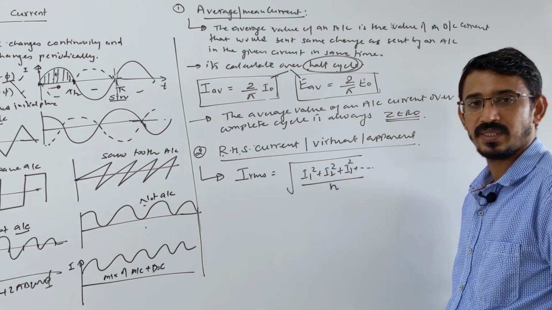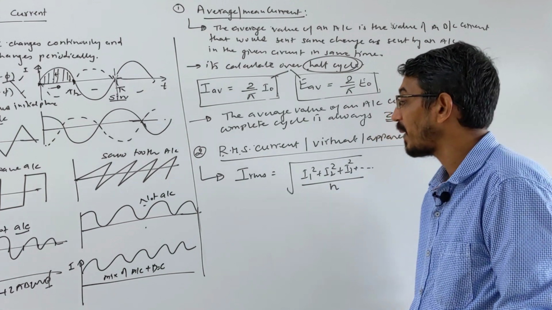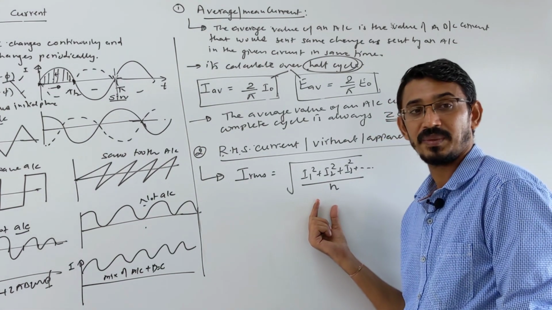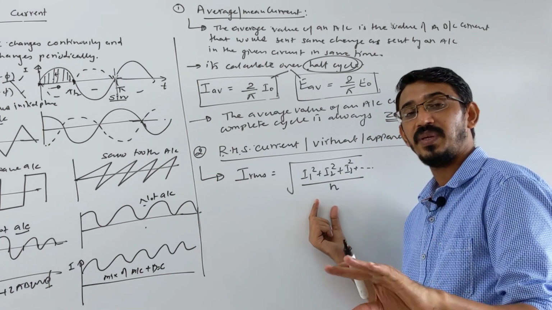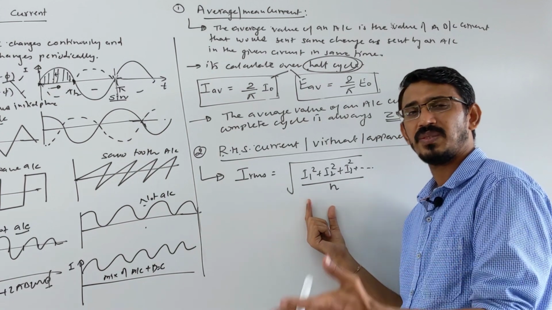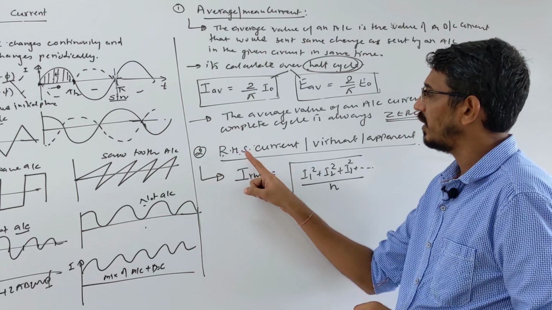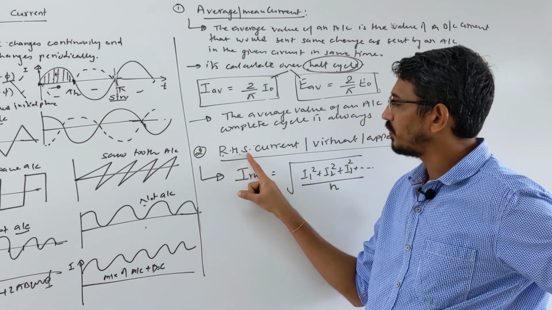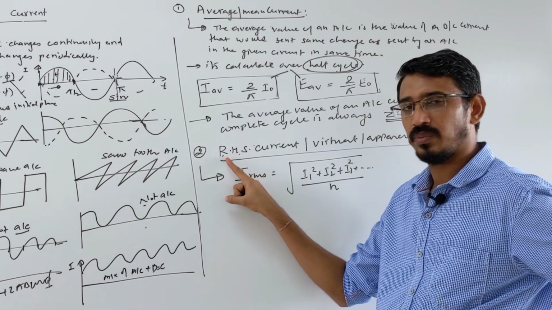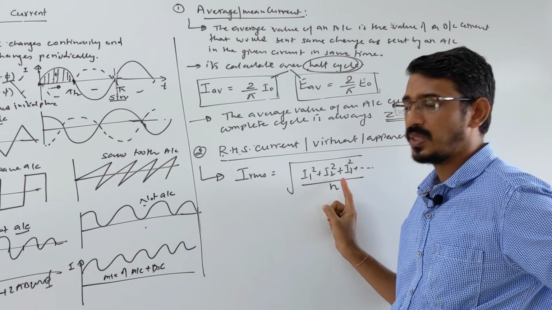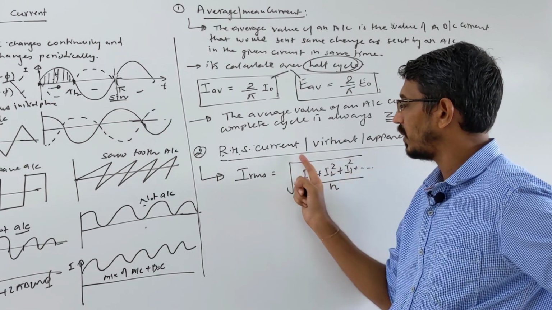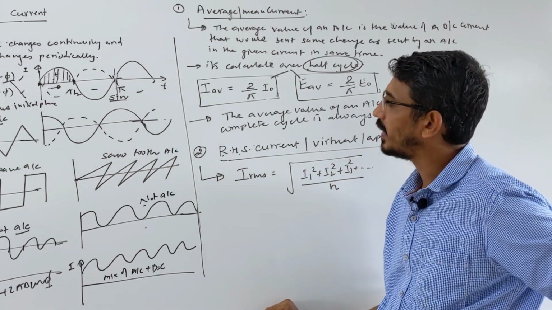That's called your average, so that's your RMS. We have done this in thermodynamics, like average velocity, mean velocity, RMS velocity and maximum velocity. Same only. RMS means you square, then you take the mean, then you take the root of that. You square all these values, then you take the mean, then you put a root here. That's called RMS, correct?